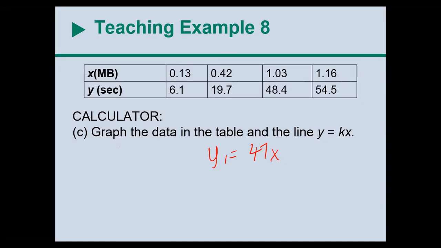So on the calculator, some good things to know. If I type in 47x, I go to graph. If there is a specific value that I want, I hit second, trace, and you see where it says value? You press 1 and you type in that value.